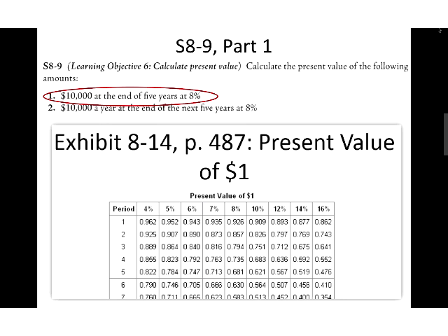In this case, we're doing the present value of a dollar table. We locate 5 for the period, it's 5 years, and 8% for the column. So you find your percentage across the column, you find your row for the number of years, and we see a factor of 0.681.